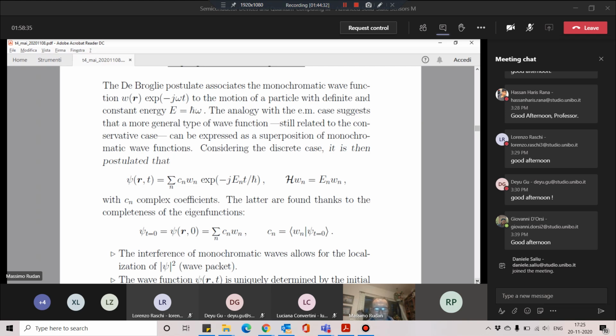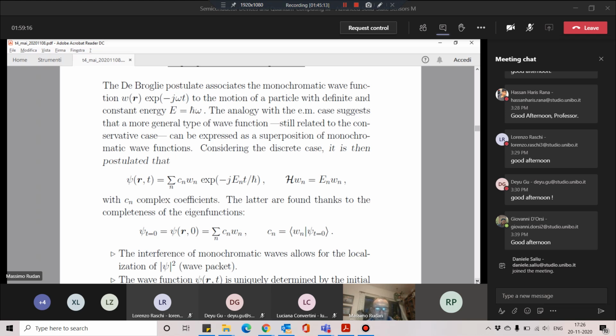You see that inside the sum we have W that, as usual, depends only on position and is the space part of the summand that is present in this sum. The exponential of minus j E sub n t over h bar, as usual, is the time part. And then we have Cn. Cn is a coefficient. In general, it is a complex coefficient, okay?